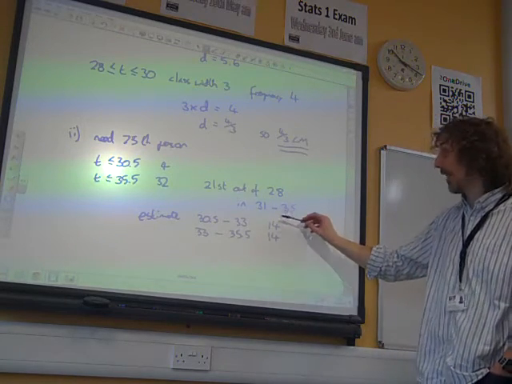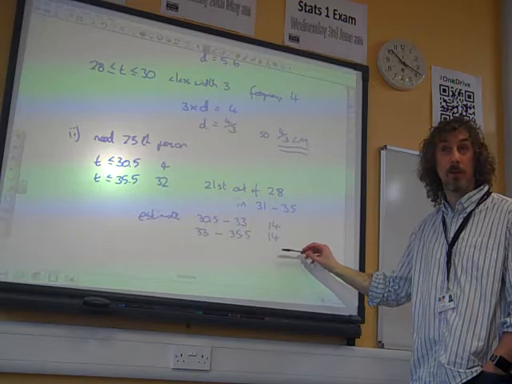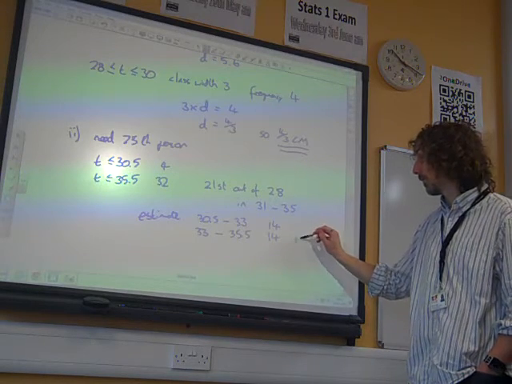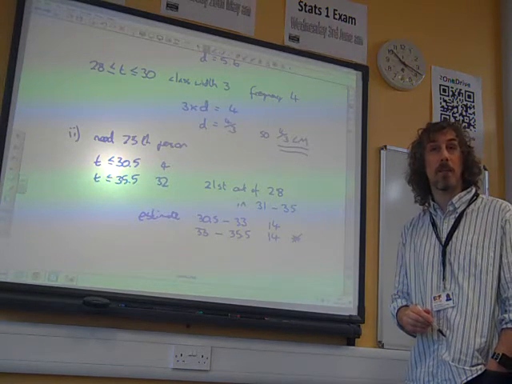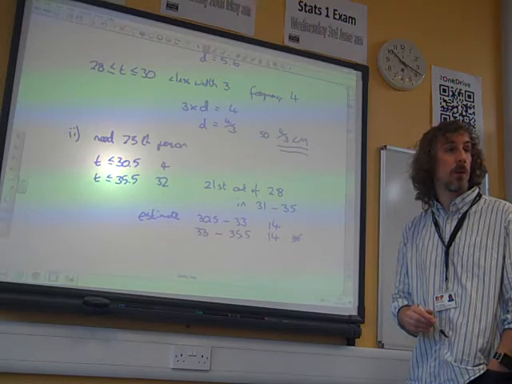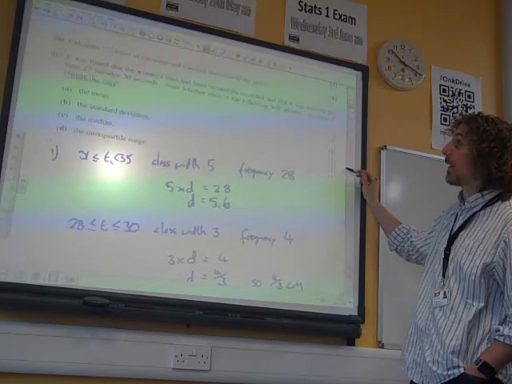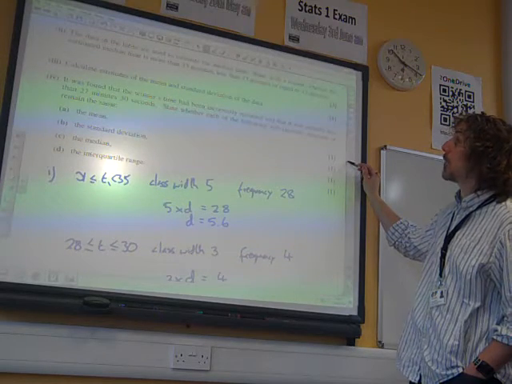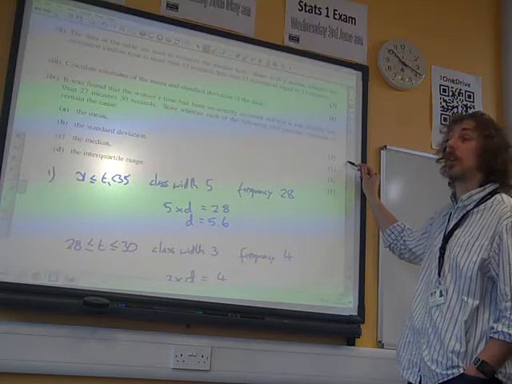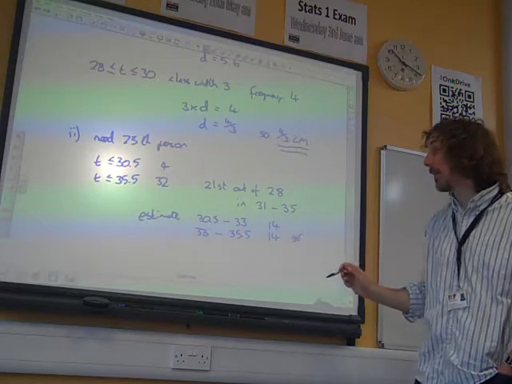So which 14 does the 21st person come in? The 21st would be in the middle of those 14. And that's enough for us to say, therefore, we would expect the person to be more than 33 minutes as our estimate of the median time.